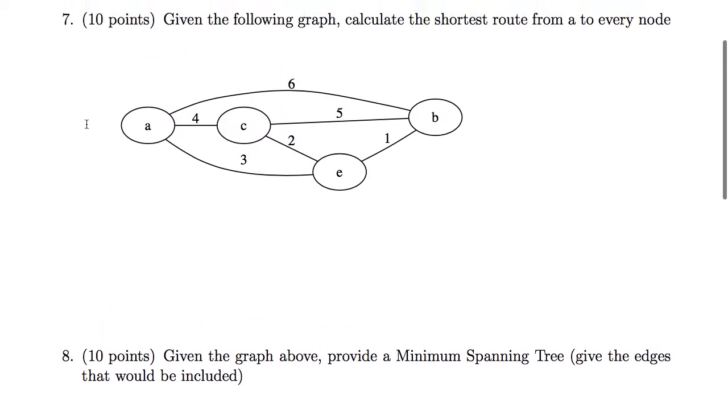Given the graph above, provide a minimum spanning tree. And here, many of you messed up because you got confused with what a cycle is, I think. Most of you added E to B and E to C. And then many of you, and those of you who would show me, I saw that you thought adding A to E would make a cycle.